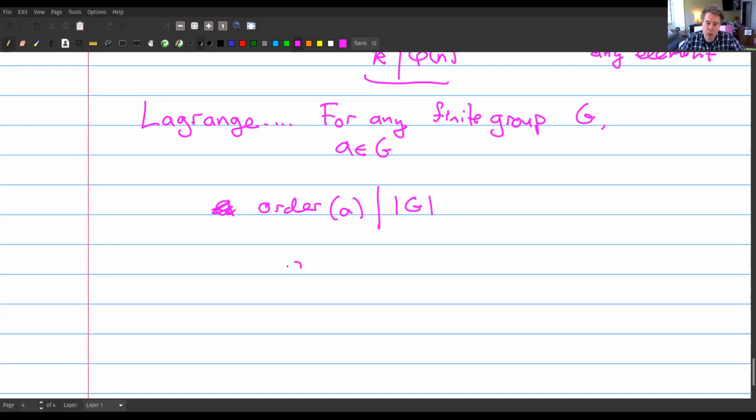And so it ends up being true that A to the |G| is the same thing as A to the L times the order, which is the same thing as A to the order, to the L. And so in general group theory, we use this letter E to represent the identity.